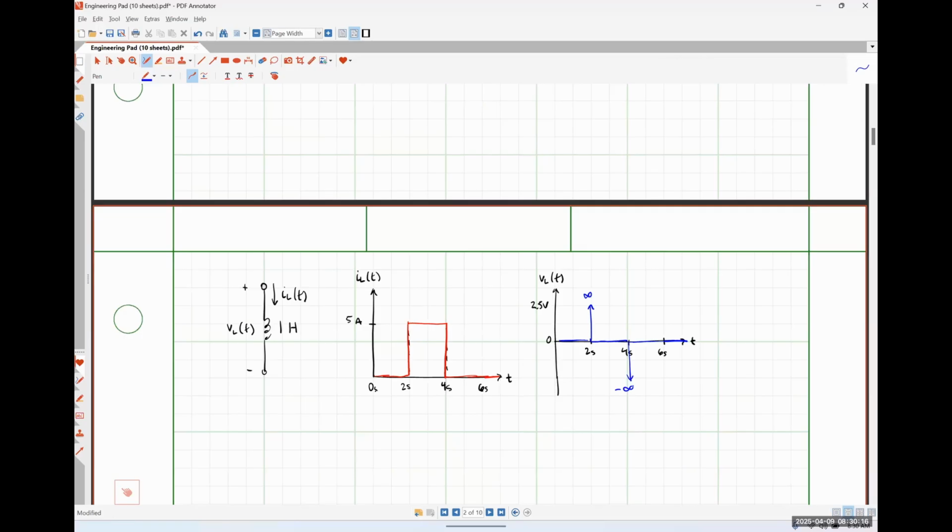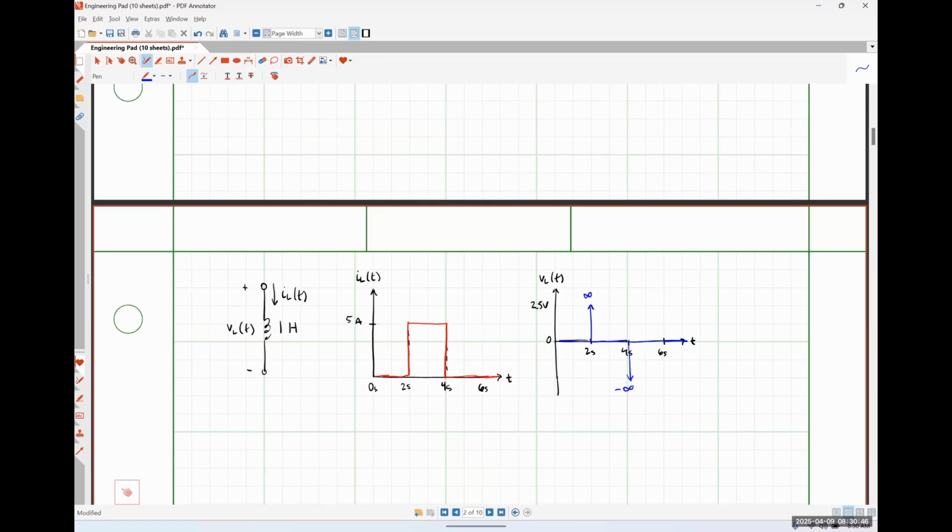Now, is it possible for us to ever achieve, even for a split second, a voltage of infinity? And it's not possible for us to achieve a voltage of negative infinity either, right? So physically, what that would mean is that for that very split second in time, we are transferring an infinite amount of energy to our element, and then we're dissipating that same infinite amount of energy back down. Literally, physically cannot happen.